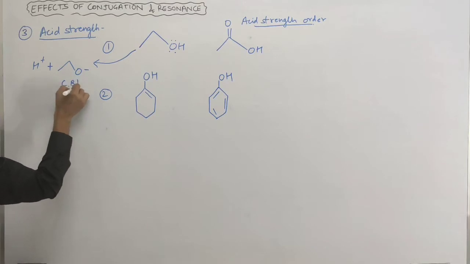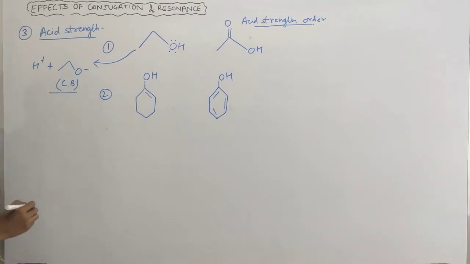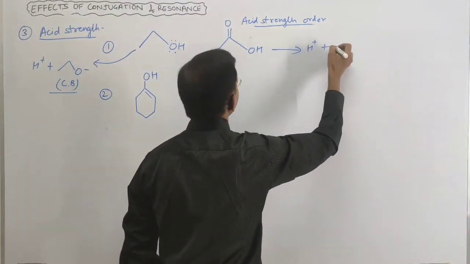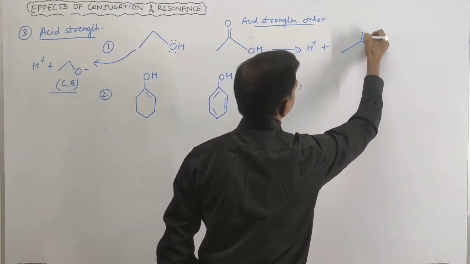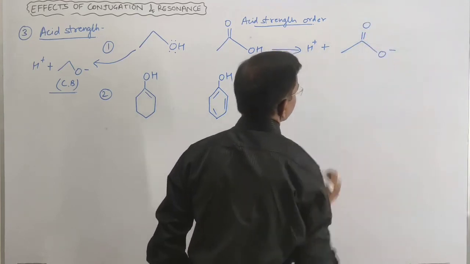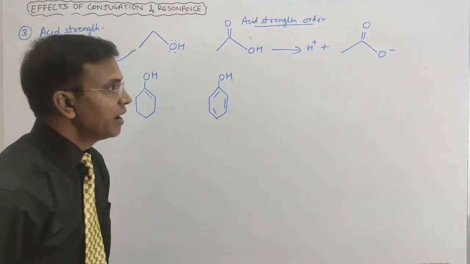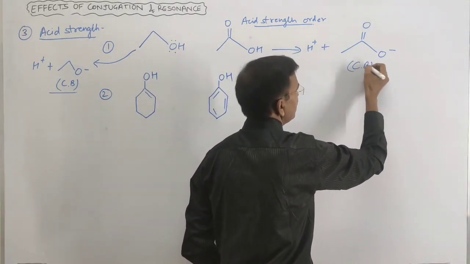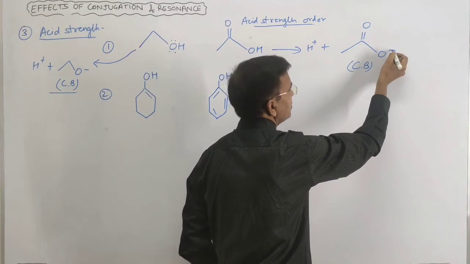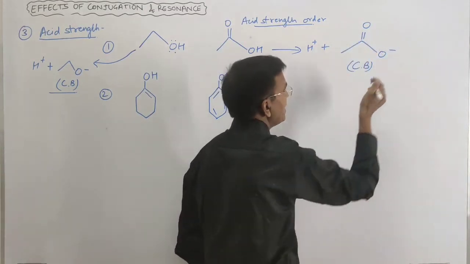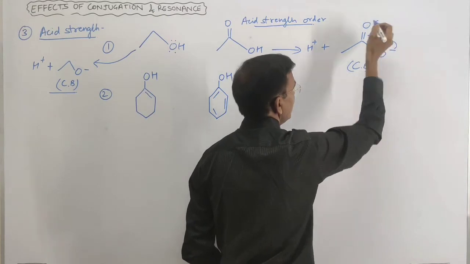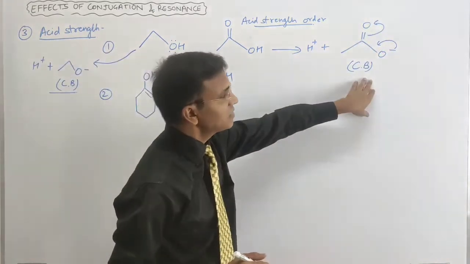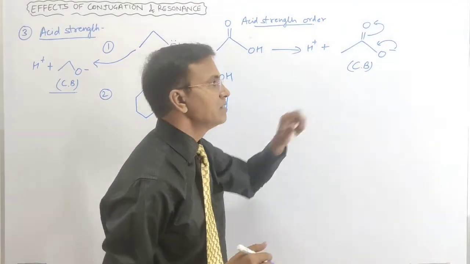It is the conjugate base of this species, right? But in this case, if this is going to release the H positive ion, this will give this negative ion species, the conjugate base of the acid given, and this negative charge is in conjugation with the pi electrons, and the resonance will take place. That means this conjugate base is resonance stabilized.